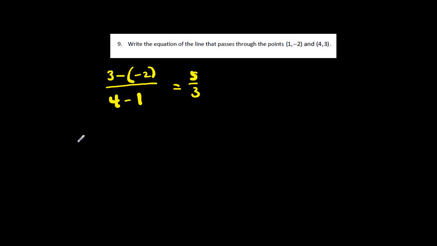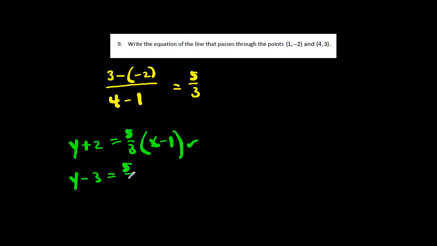So using the first point, it'll be y minus negative 2, so y plus 2 equals the slope times x minus x1. That's acceptable. Using the second point, y minus y2 equals the slope times x minus x2. Sorry, x minus x1. Either of those is correct.